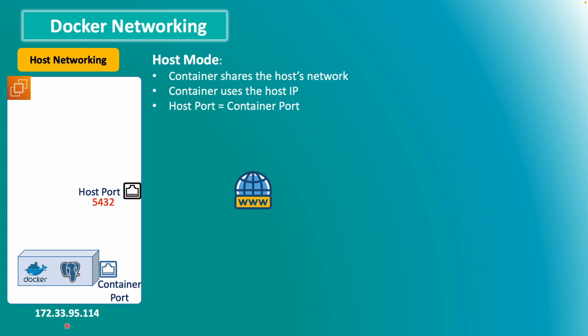To access the PostgreSQL database, we need port 5432. When any request from internet comes to the host at port 5432 with the TCP protocol, since the container is using the host IP and port, the request will be directly routed to the container.